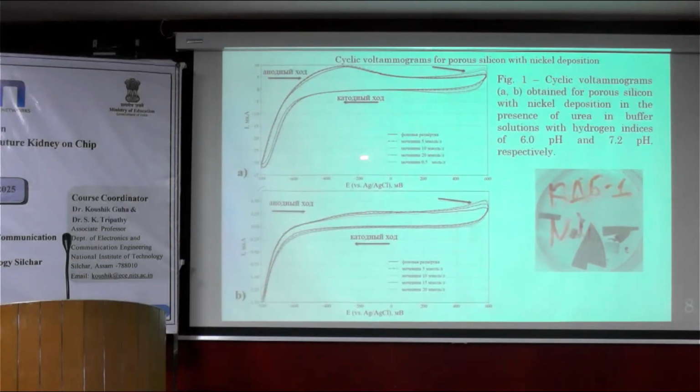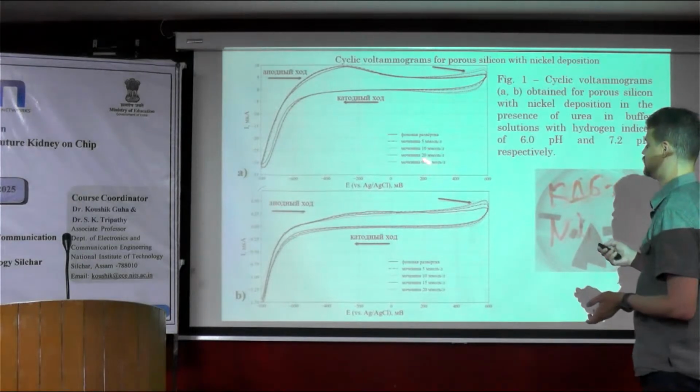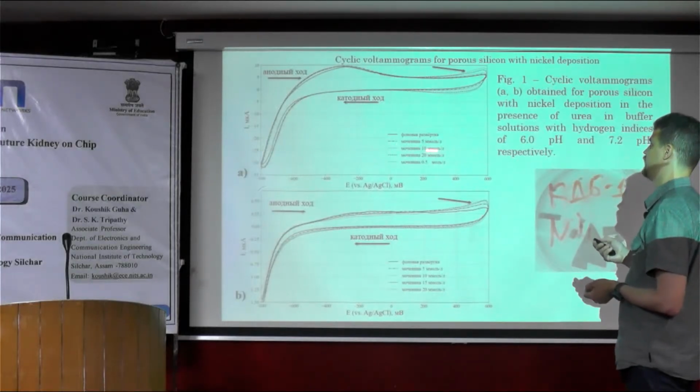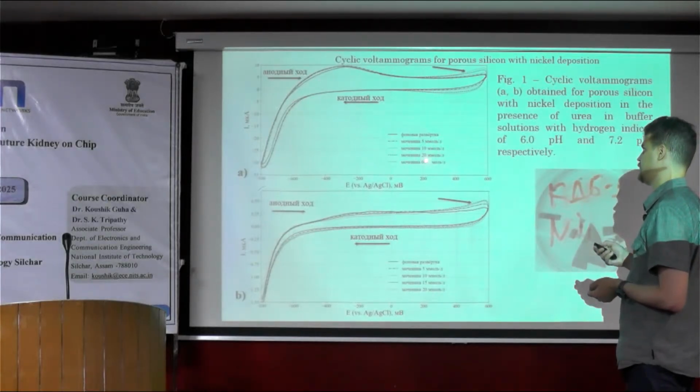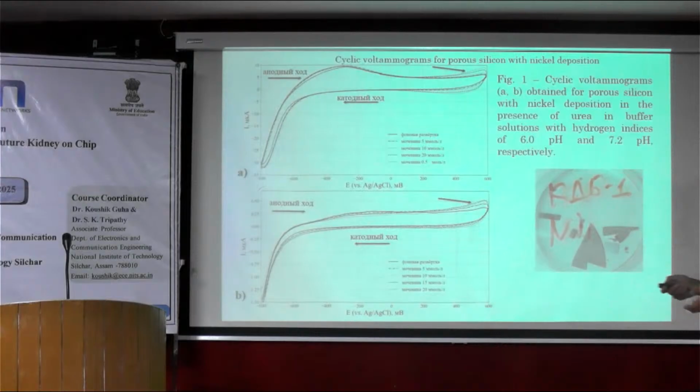And we acquired the basic cyclic voltammetry just to understand how this particular solution behaves when there is no urea present. And then we started to increase the urea concentration. So we had the cyclic voltammetry results for 5, 10, and 20 millimoles per liter.